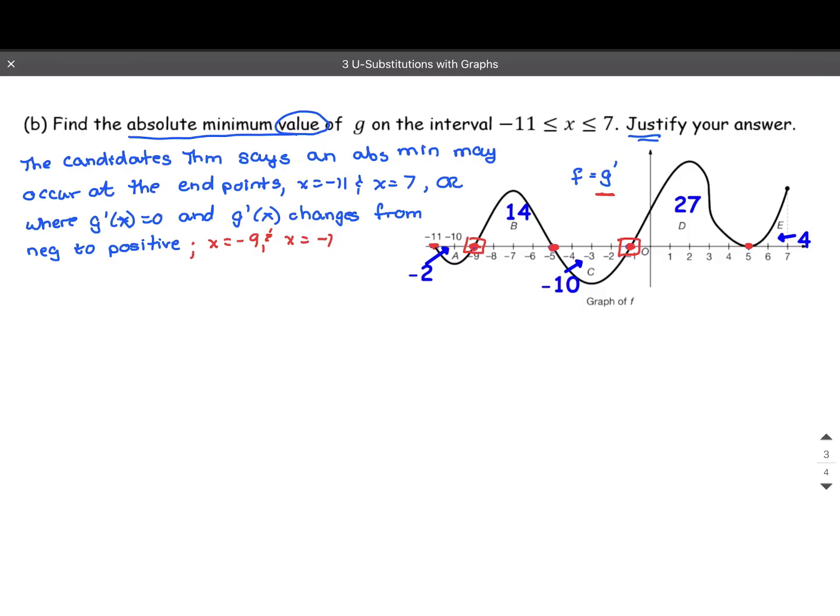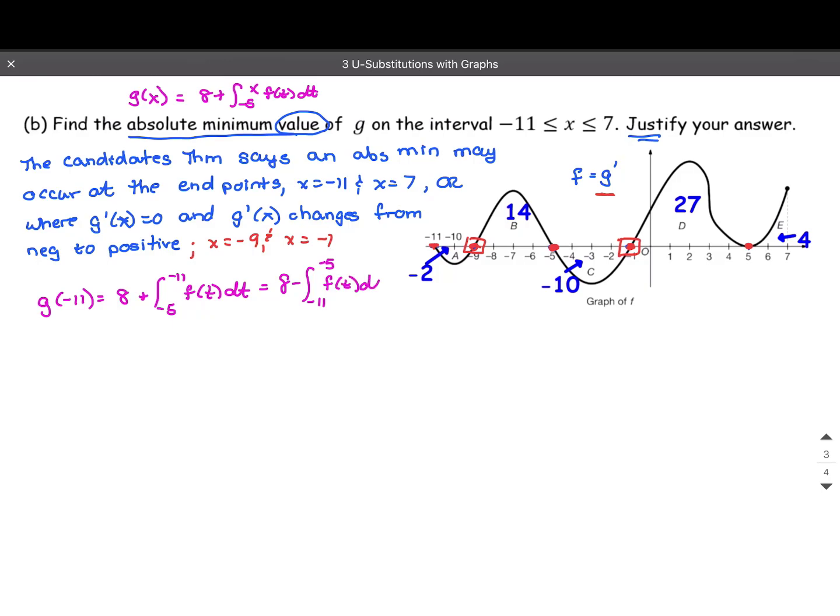All right, so now we actually have to find the value. So let's start at the endpoint, g of -11. So g of -11 is 8 plus the integral from -5 to -11 of f of t dt. Now we can't go from -5 to -11, so it's 8 minus the integral from -11 to -5 of f of t dt. When we switch the limits, we have to negate.